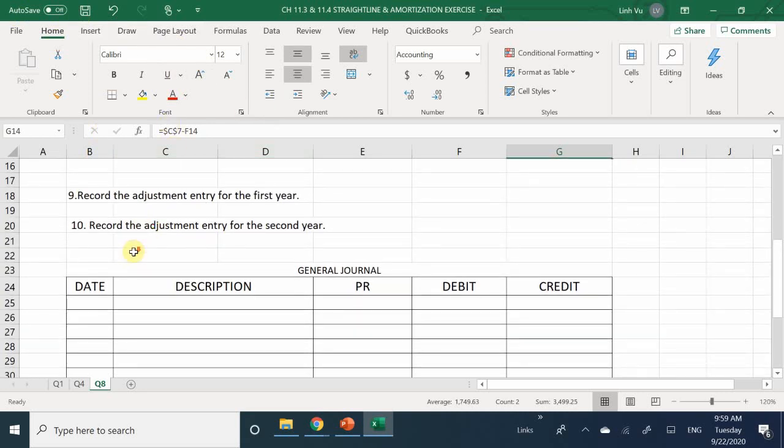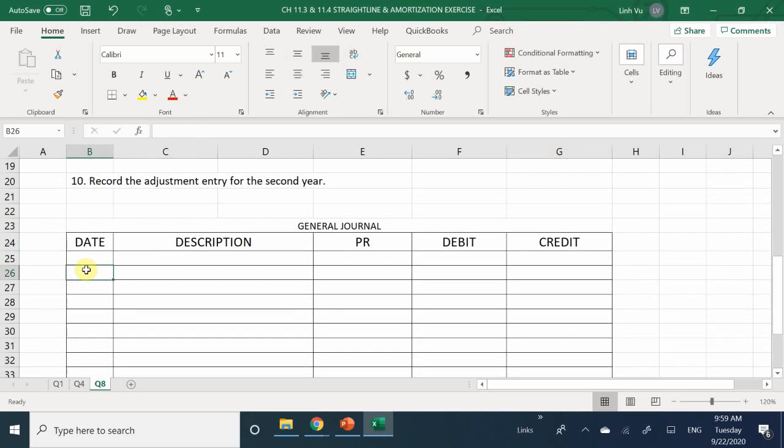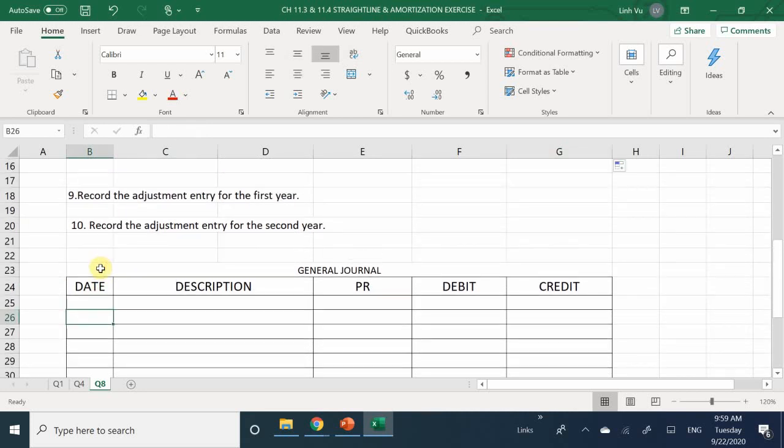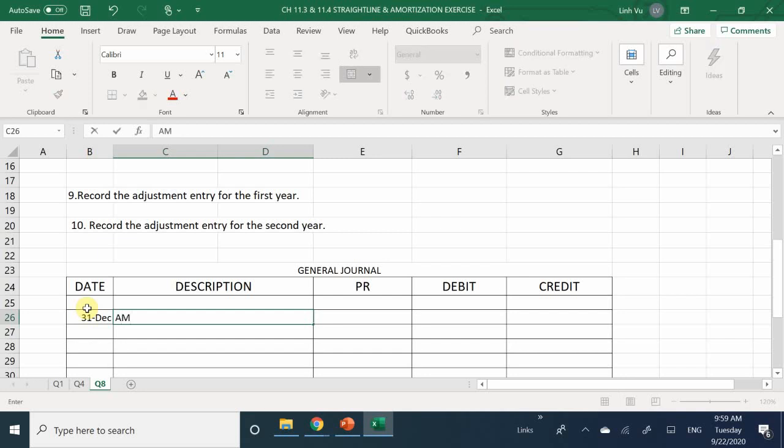So what is my journal entry going to look like for this scenario? For the first year, assuming that it's on December 31st, what is my journal entry going to look like? Amortization expense. Good. And then what is my credit account going to look like?